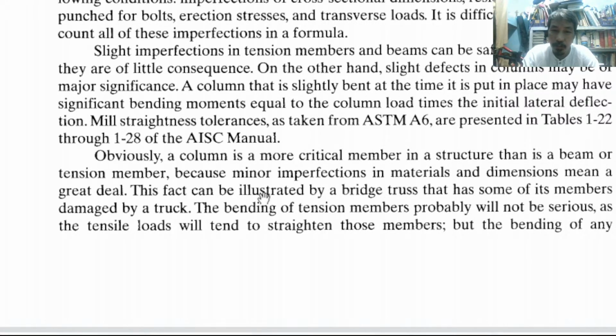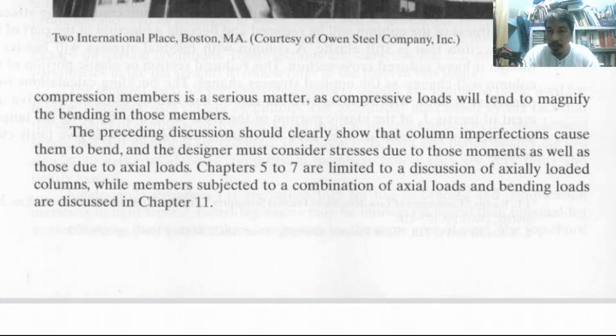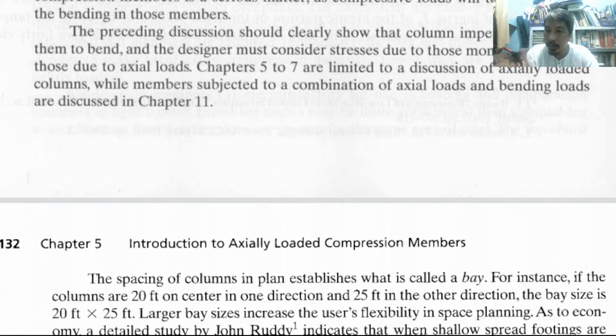The bending of tension members probably will not be serious, as the tensile loads will tend to strengthen those members. But the bending of a compression member is a serious matter, as compressive loads will tend to magnify the bending in those members. Imagine, for example, a truck crashing through a truss of the bridge.